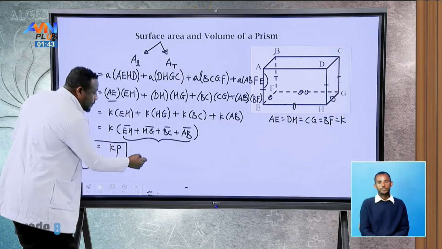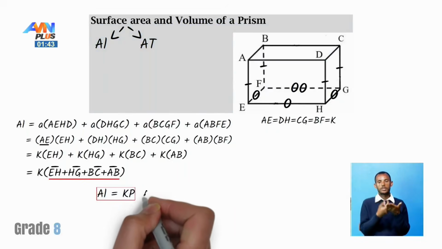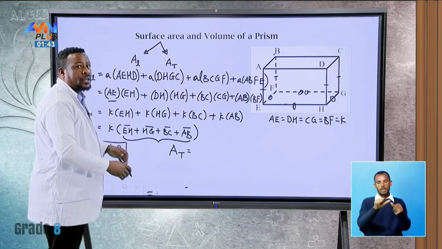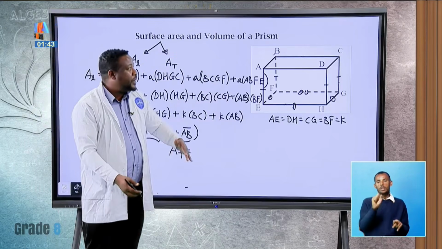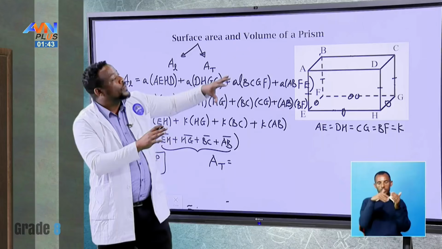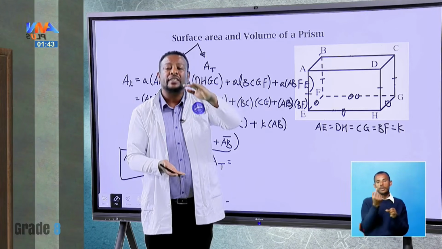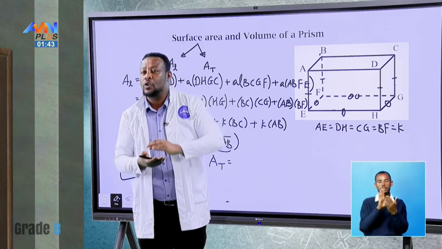Now, what is the total surface area of a prism? As I have said earlier, the total surface area of a prism refers to the area of each face together with the upper base and lower base.